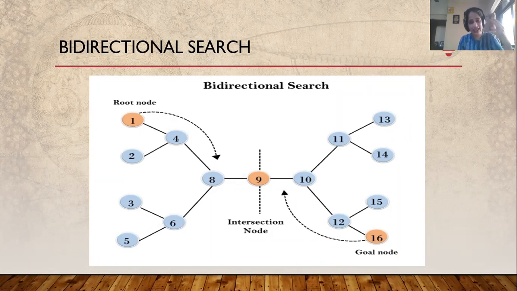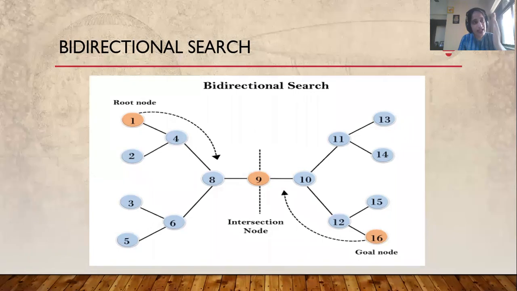The forward search will have a path not from source to goal, but from the source to the intersection node. In this example, it will have a path starting from 1 and ending at 9, and the backward search will have a path starting at 16 and ending at 9.